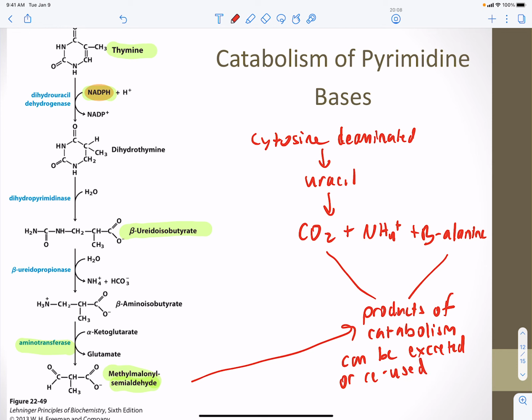So they become carbon dioxide, ammonia, nitrogen. Nitrogen can go to form urea. Carbon dioxide can be exhaled, etc. So we know what can happen with those. So what's important is they do not cause any problems in the body.